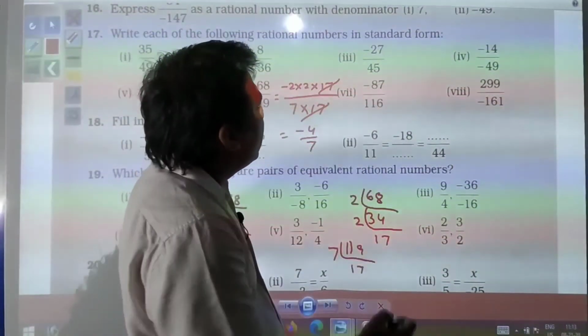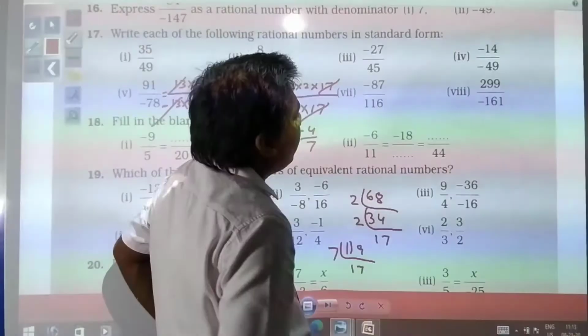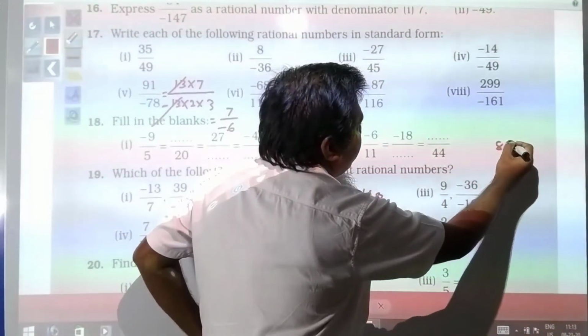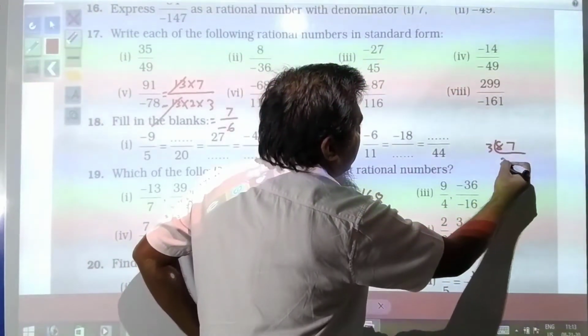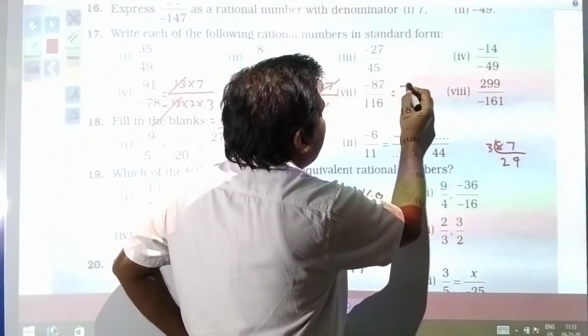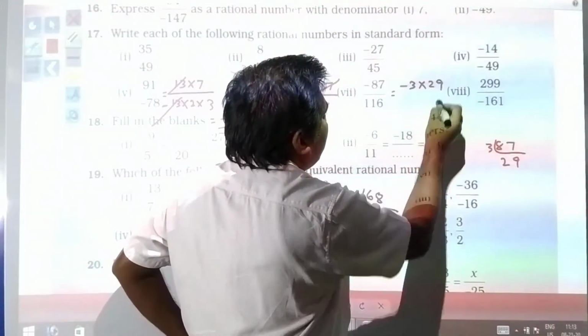Then you have 87 by 116. For 87 you find out 3 2s are 6, 3 9s are 27. So it can be written as minus 3 into 29.